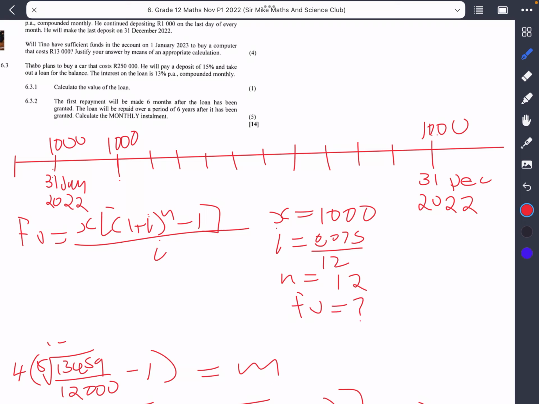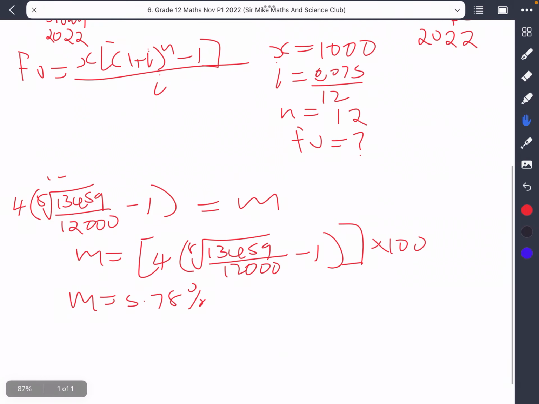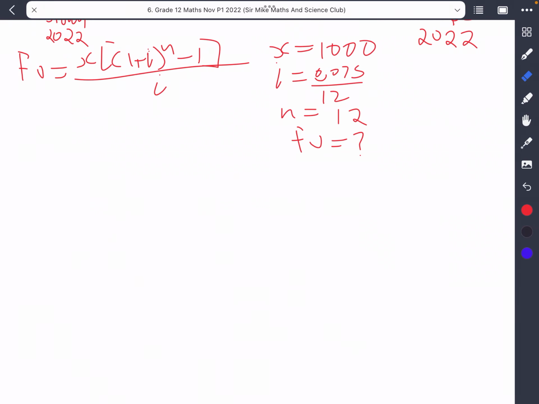Now remember that Tino would make 12 payments of that 1,000, and N stands for the number of payments. So in the future value annuity formula, N would be equal to 12.